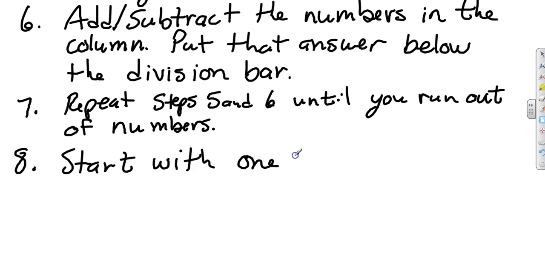So we're going to start with one less power of x.